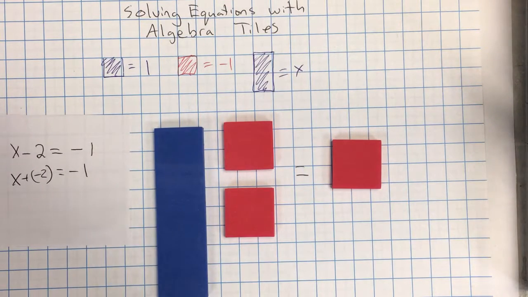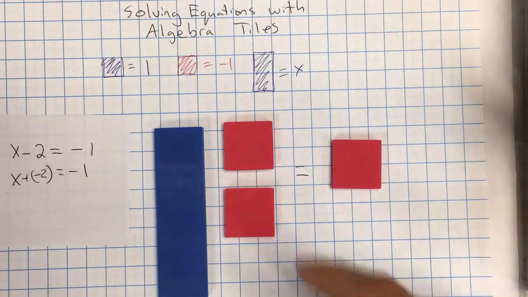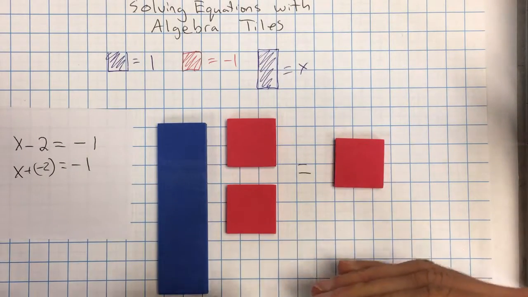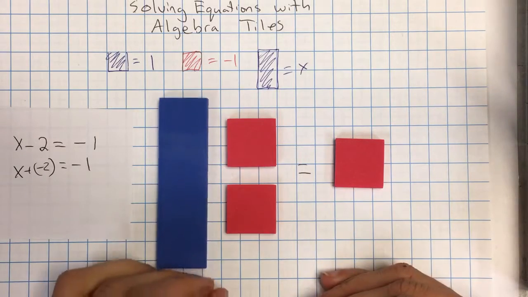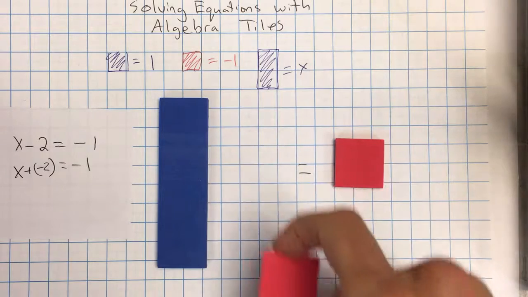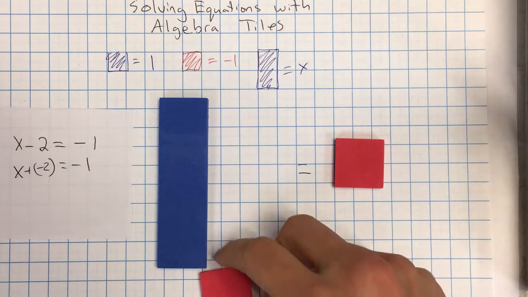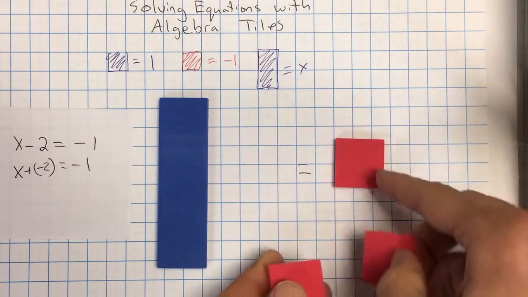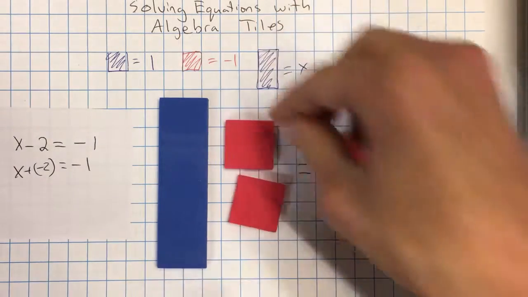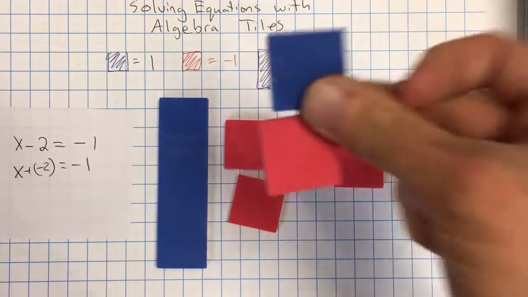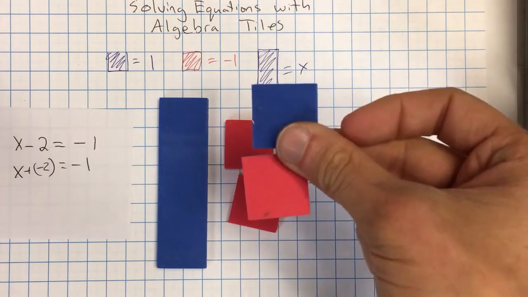Now I want to solve this. I want to remove anything on this side so I isolate the variable. However, if I am isolating the variable, I have to do the same thing to both sides. If I take away 2 negatives, I can't really do that on the right side because I can't take away 2 there. So we can use the principle we had before: if I have a plus and a minus, a pair, that equals 0.